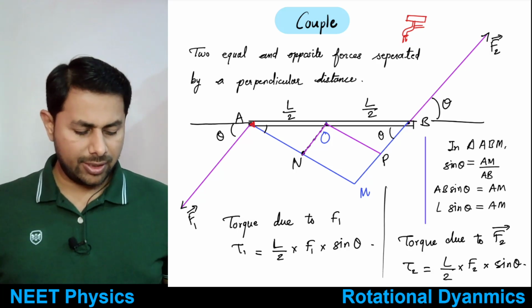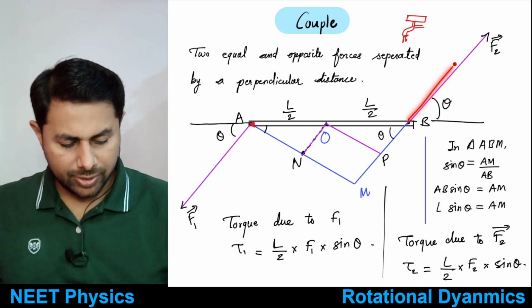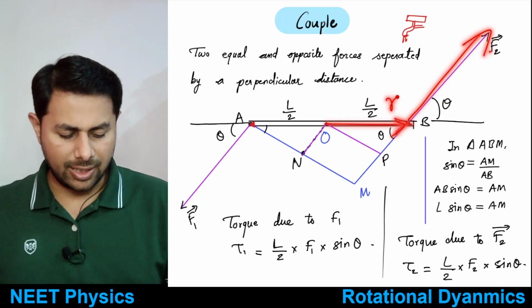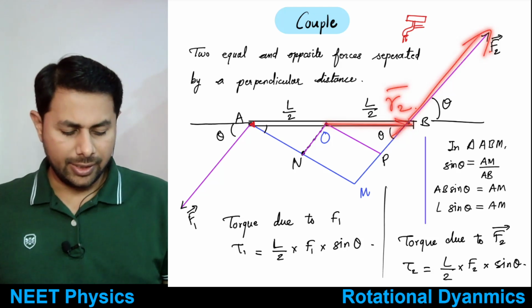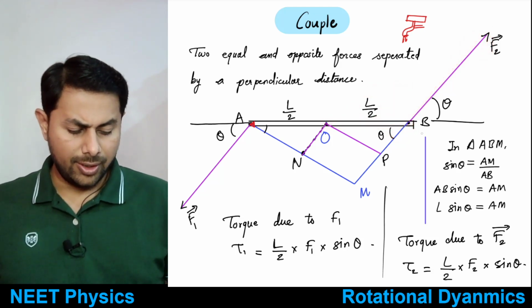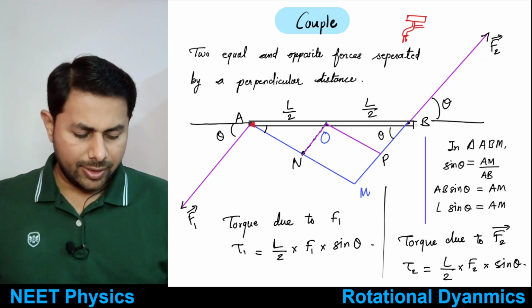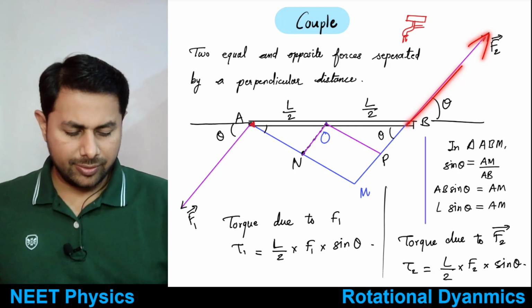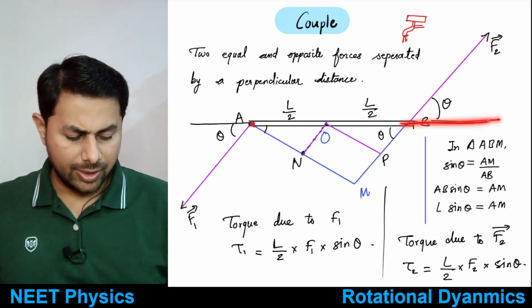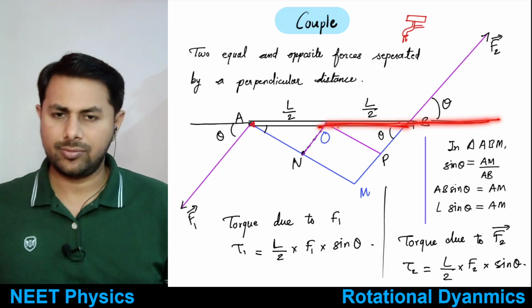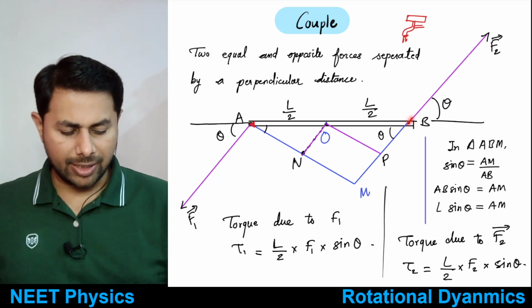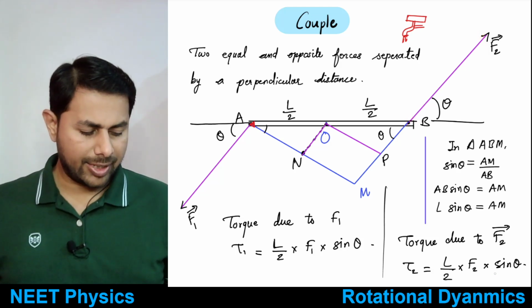Okay. Similarly, this force F2 is at position vector R2 and its magnitude is also L by 2. So how much is torque due to this one? It is also L by 2, the magnitude of position vector, multiplied by magnitude of force F2 multiplied by sine theta.